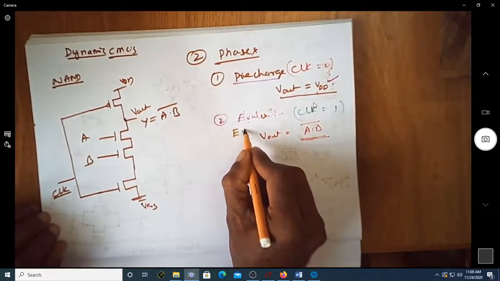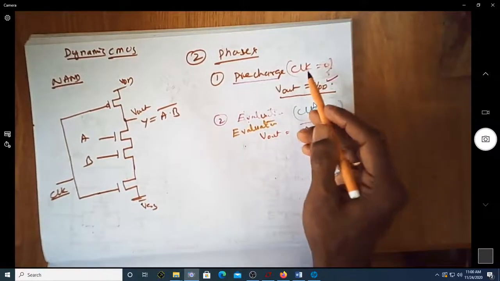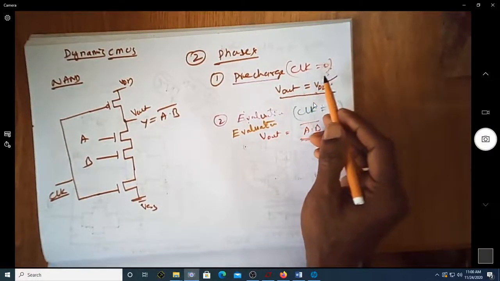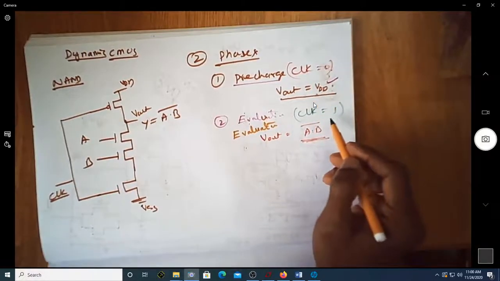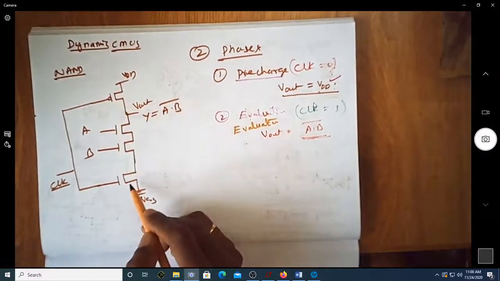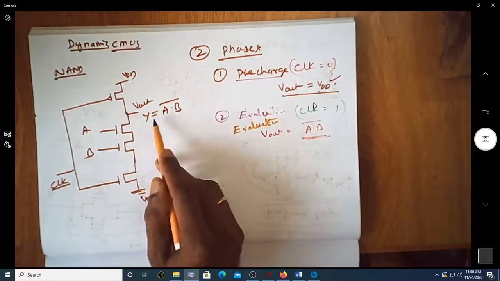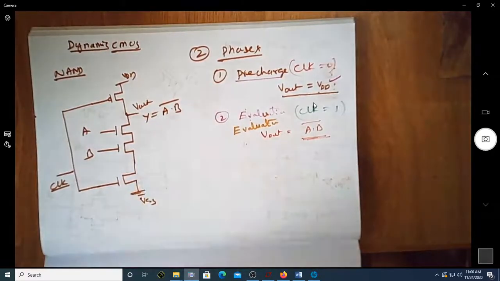So we have two phases here. One is called the pre-charge period, where clock is 0, and the other is clock 1, where we are making this off and this on. Then depending on the combination of A and B, I will get the corresponding output.